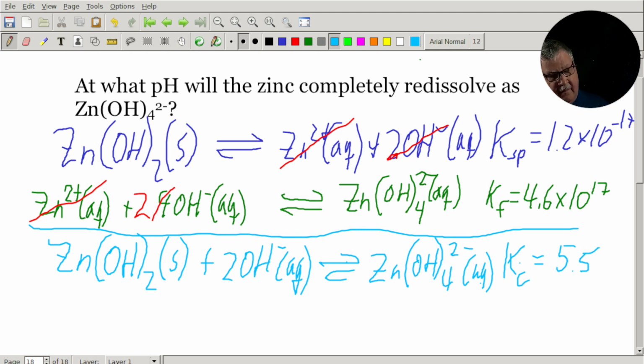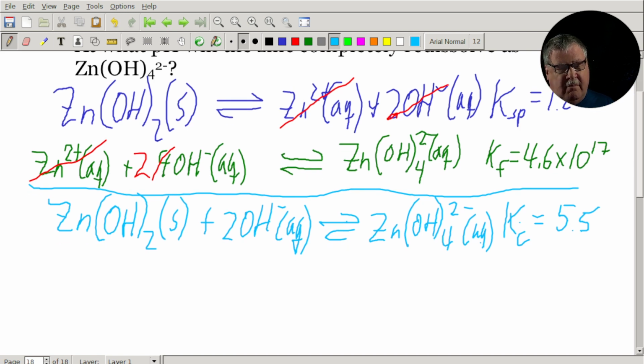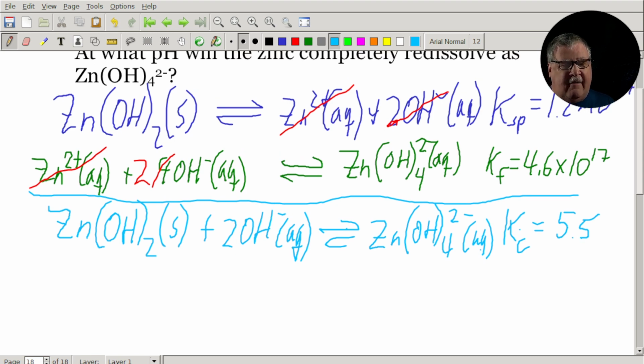So now what are we going to do? Well, this is actually easier than the previous combined equilibrium example. If we start with a 0.15 molar solution of zinc, and we add hydroxide ion, we're going to assume that we're not changing the volume of the solution significantly by adding hydroxide ion.